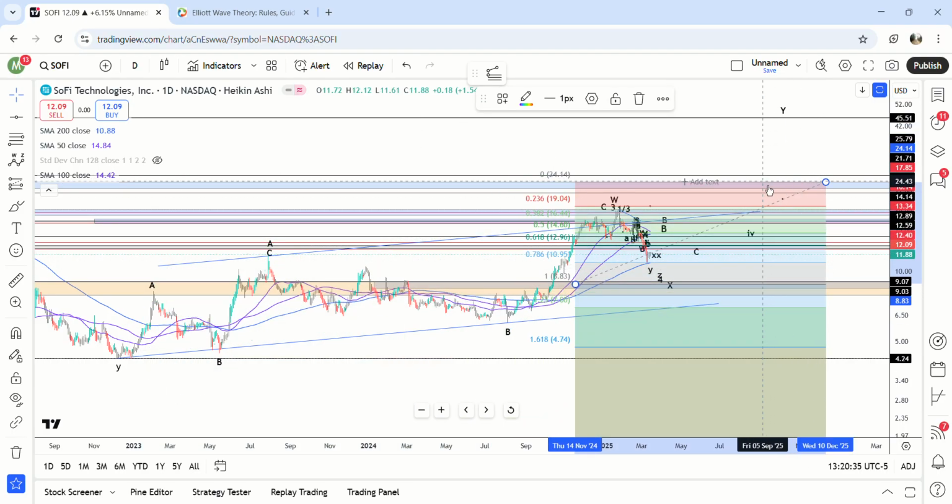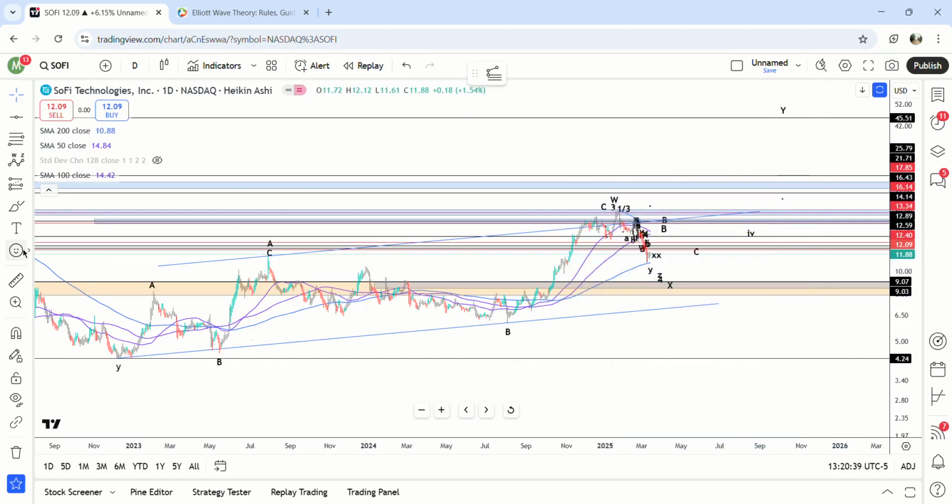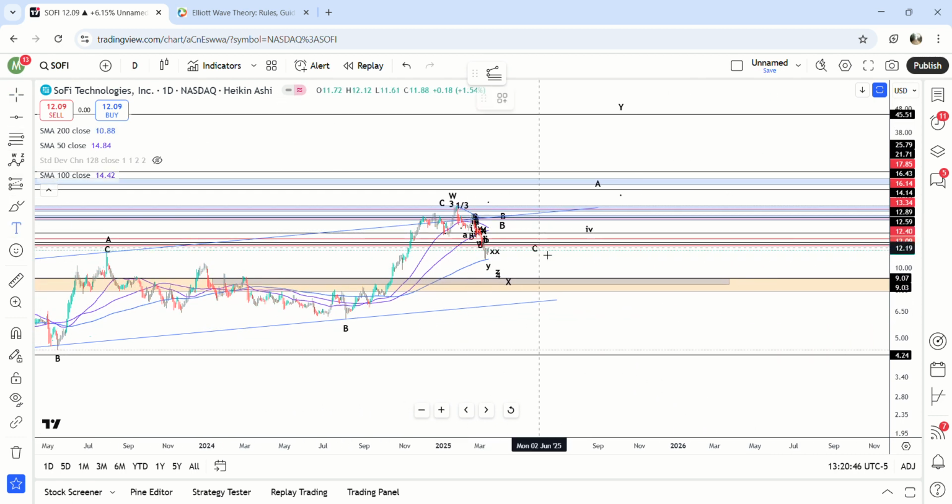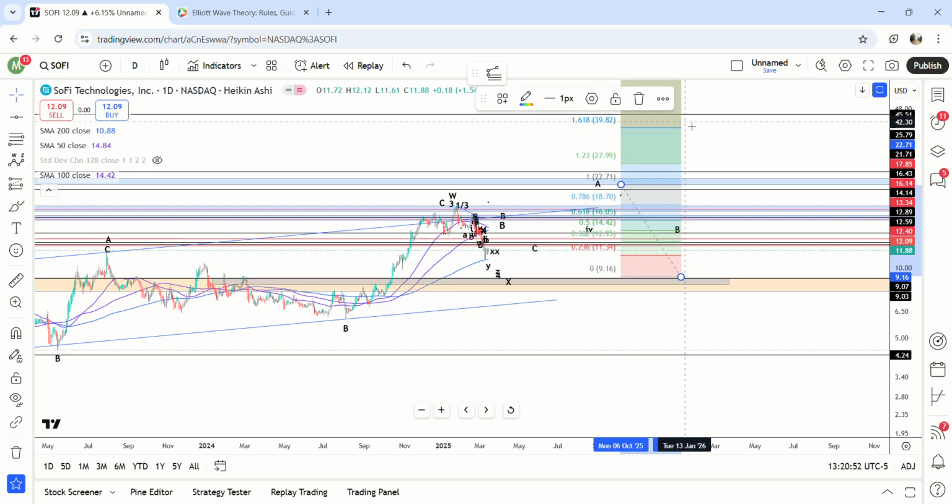So you could be looking at a wave up here to like $20 to $25. So X is right here, A, pullback B, and then potentially get a C wave up here to around $40 or so.